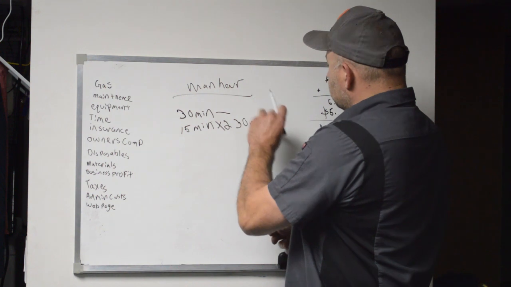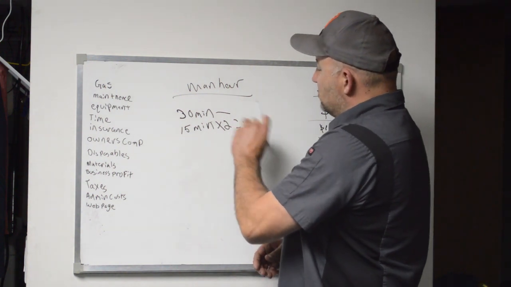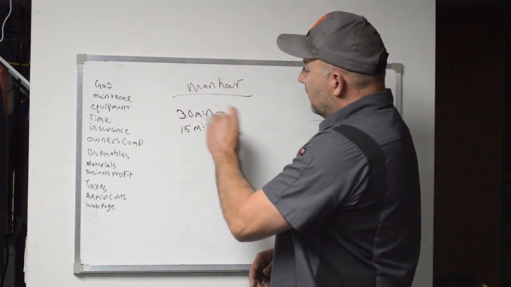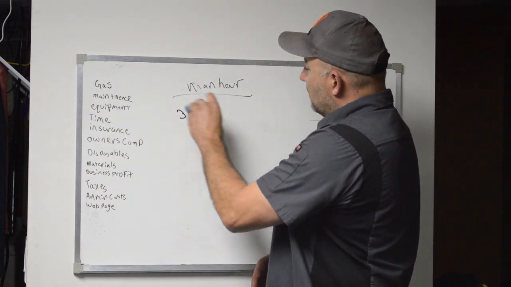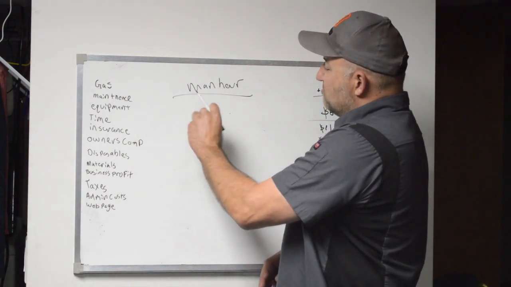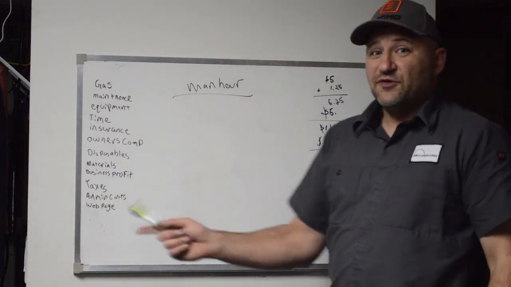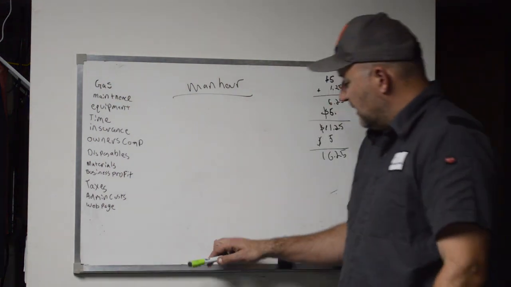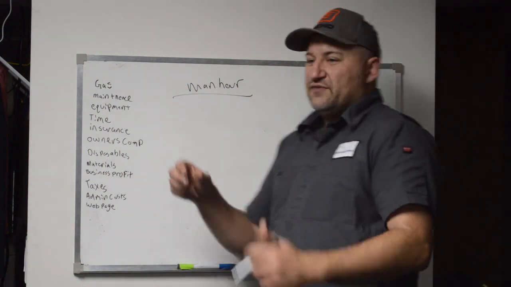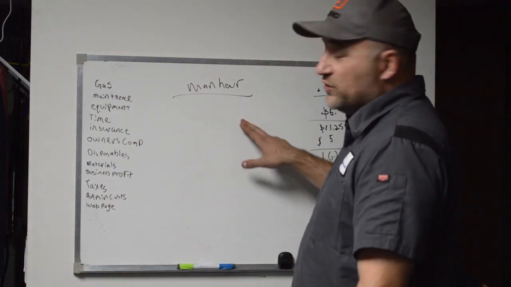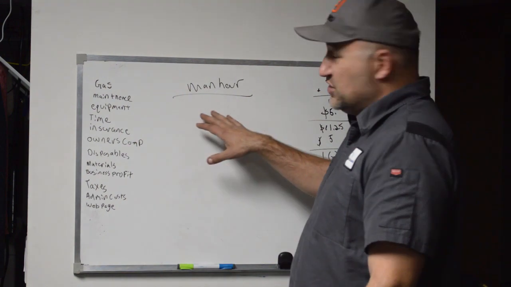So how do you figure out how much you should be charging per man hour when you don't have any staff? Because your man hour rate is actually going to be different than the wage that you would pay that employee, because you have payroll taxes, and things like workers' comp that all roll into that employee and cost you money.